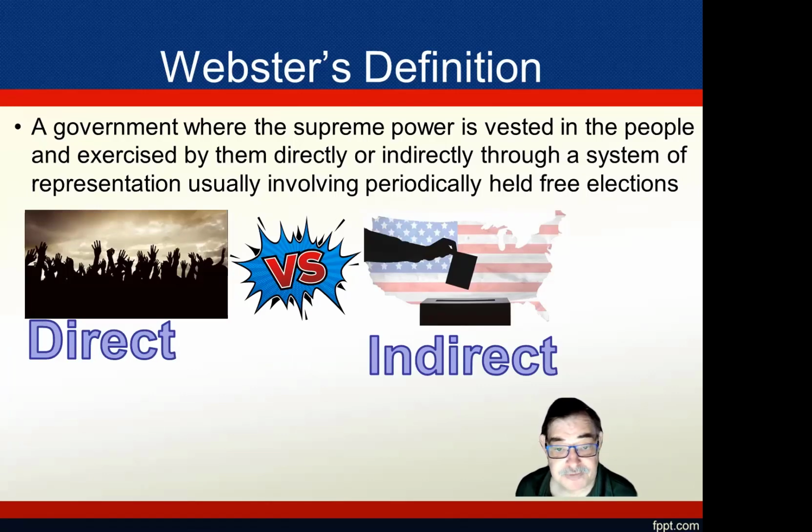And the other: a government where the supreme power is vested in the people and exercised by them directly or indirectly through a system of representation, usually involving periodically held free elections. So the direct democracy, we all get together, we raise our hands and say yes or no. In an indirect democracy, the power comes through the voting booth. The power lies in the people through the voting booth.